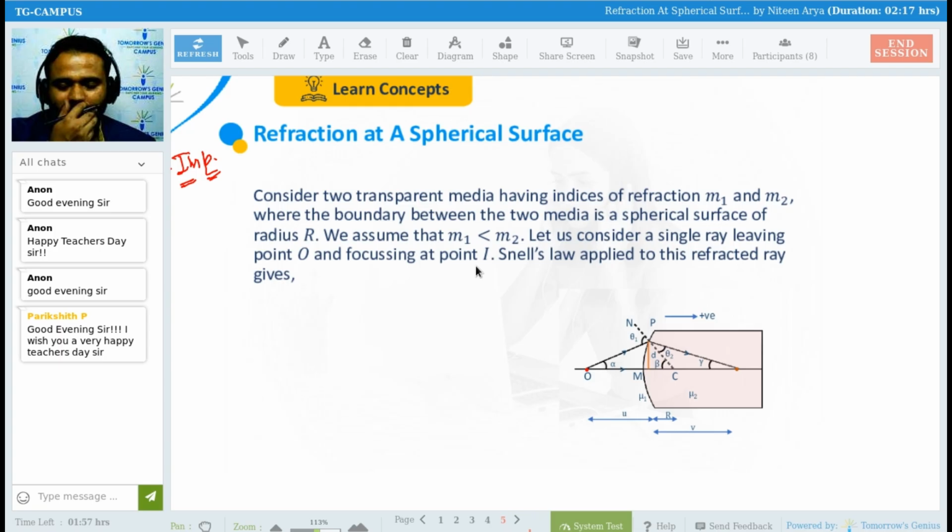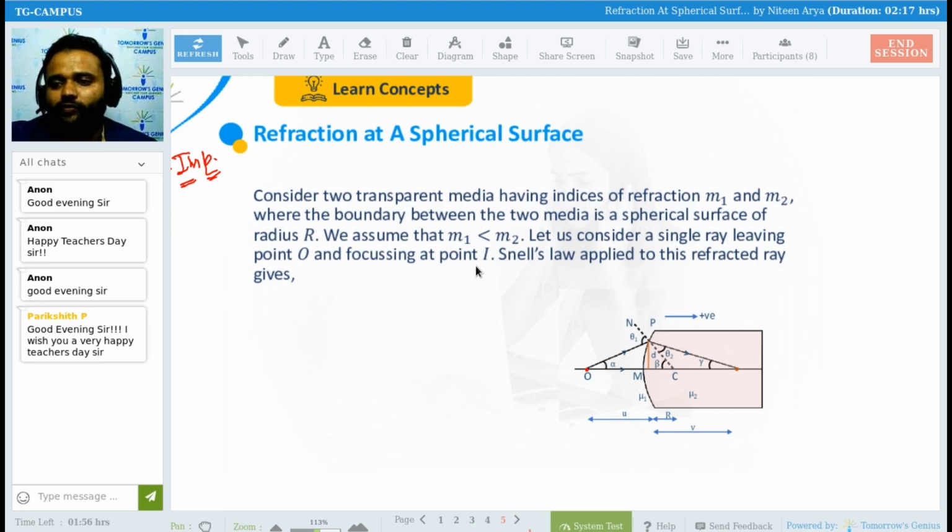Whenever a ray of light enters a glass slab, it is tilted a little bit. And then we also found the lateral shift, or the real depth and apparent depth in the previous lecture, and the shift between the real depth and the apparent depth, right?